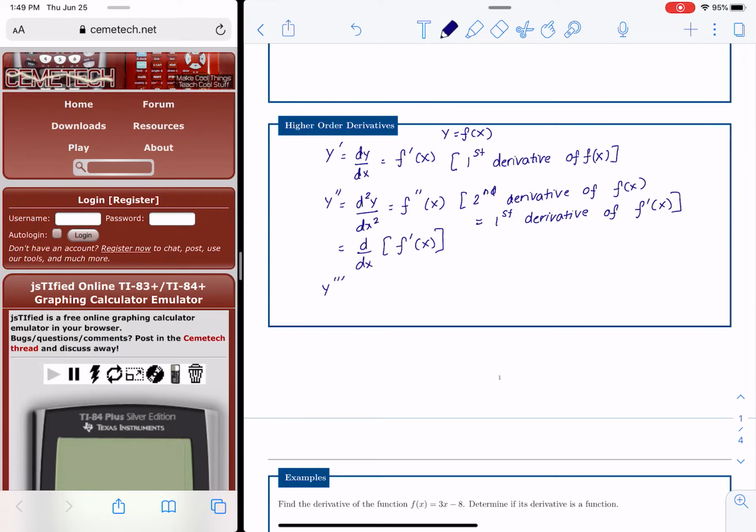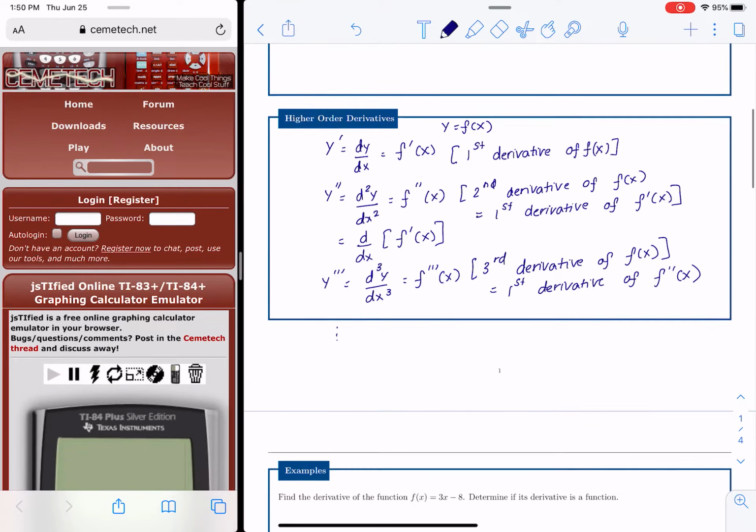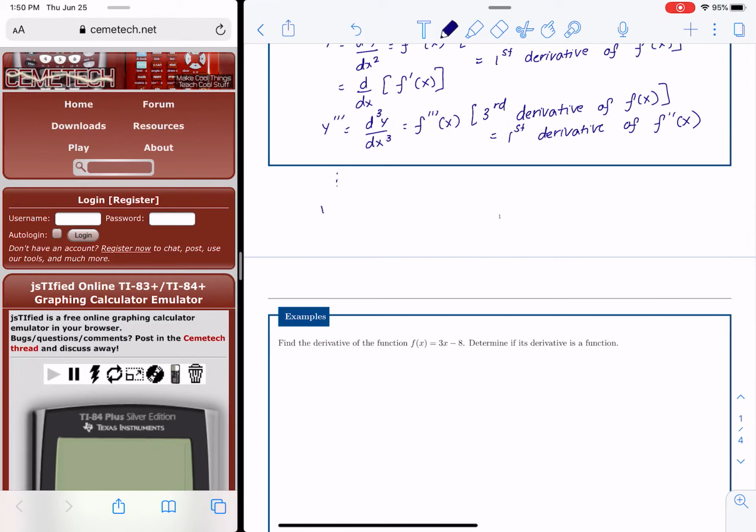F triple prime would be denoted that sort, and that would be f triple prime of x. That is the third derivative of the original function. And it is equal to the first derivative of the second derivative of the function. We can keep on going all the way up to the nth derivative.